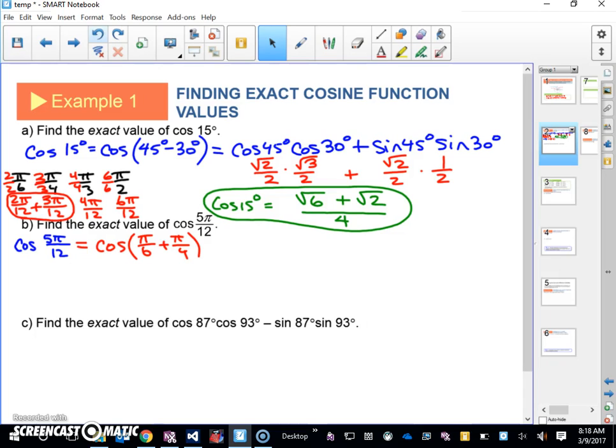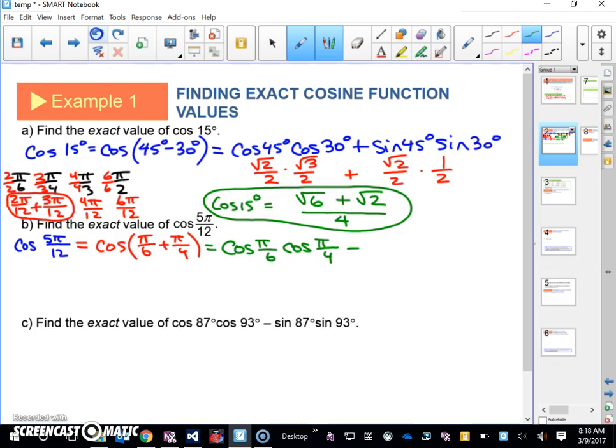So you convert my cosine 5 pi over 12 into the sum cosine of pi over 6 plus pi over 4, and then use your cosine sum formula. Cosine sum says cosine of the first one, cosine of the second one, minus sine of the first one, sine of the second one. The hardest part for me is getting that common denominator, finding that sum.